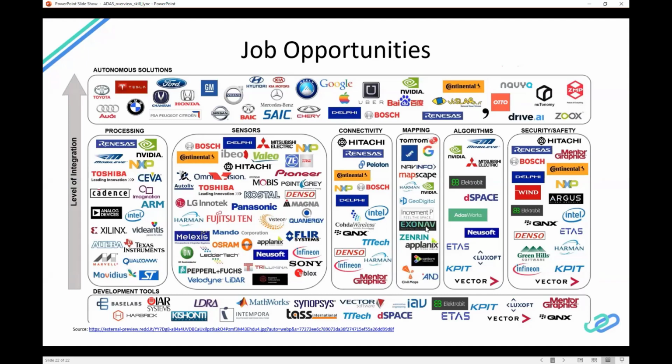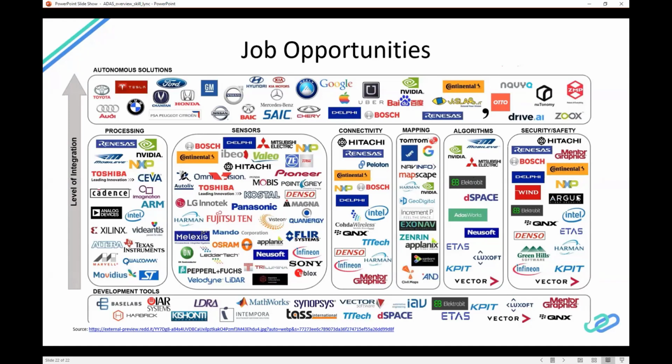There is mapping, and as I mentioned before, a lot of navigation and sensor mapping is involved, so mapping companies are better suited for developing maps and navigation facilities. There are core algorithm developers. As you can see, Mobileye is one of the leading computer vision technology companies. They are almost the industry best for any sort of front camera related technology.